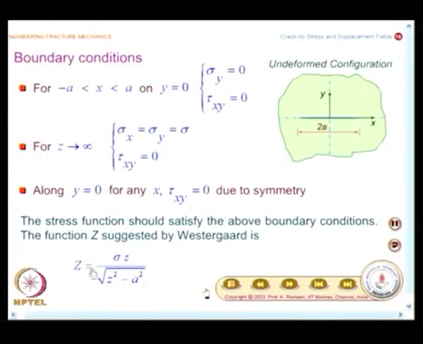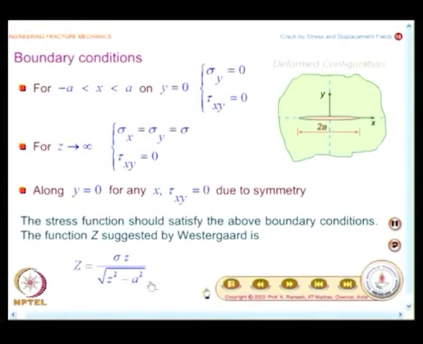You know, this stress function looks very simple, and if you look at for mode 2 as well as mode 3, the form is still maintained. That is the greatest advantage of Westergaard's approach. Not only this, this stress function is meant for a single crack. With simple modification of this, he was able to get the stress function for the case of evenly spaced cracks, several cracks.